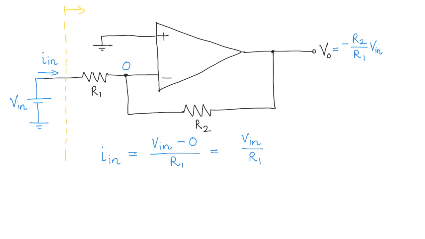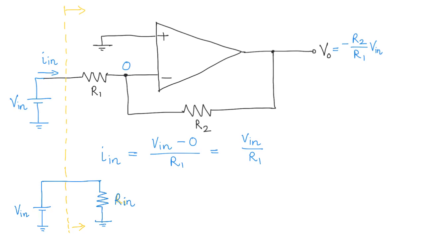In other words, if I wanted to replace this circuit with a circuit like this, with Vin, and I want here just a resistor which is going to ground. I'm replacing the circuit that is on the right hand side of this yellow line with just a resistance, and I'll call it Rin.